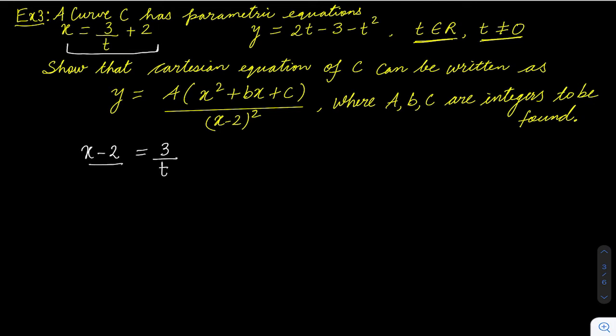How to find the value of t? I can write it like this also. If you don't want to write, it's okay, it's perfectly fine. So now what I will do is cross multiplication, or I can directly write t will be equal to, basically take the inverse of this, t will be equal to 3 over x minus 2.